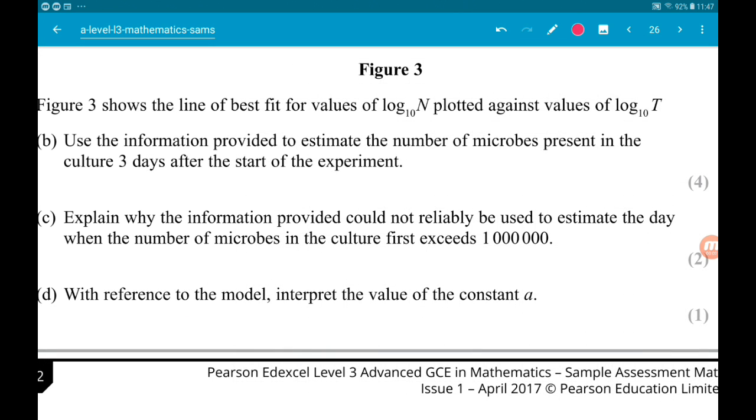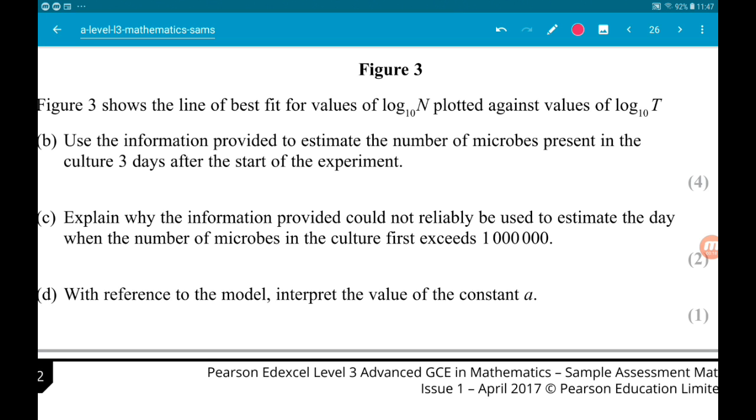Part C wants us to explain why the information provided could not be reliably used to estimate the day the culture first exceeds 1 million.